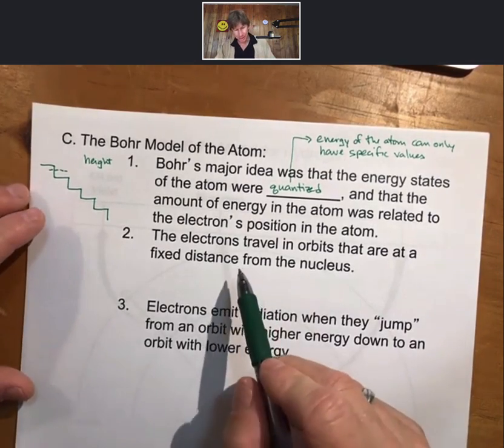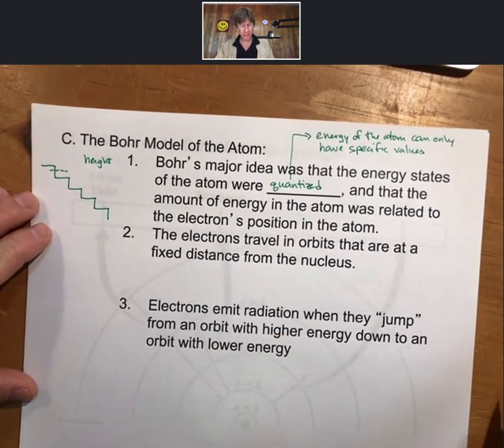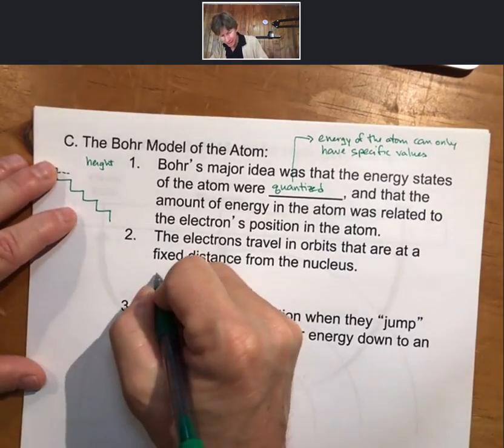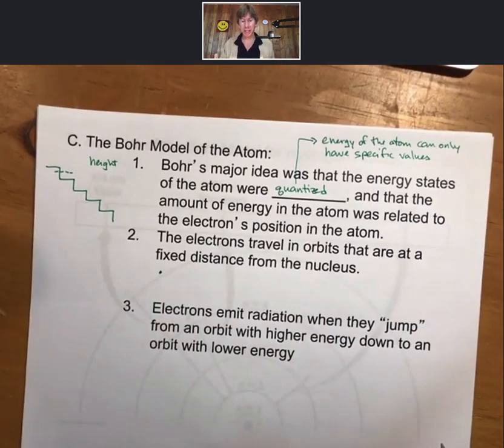Now, other part of the Bohr model, the electrons travel in orbits that are at a fixed distance from the nucleus, and orbits that are farther away from the nucleus have higher energies.